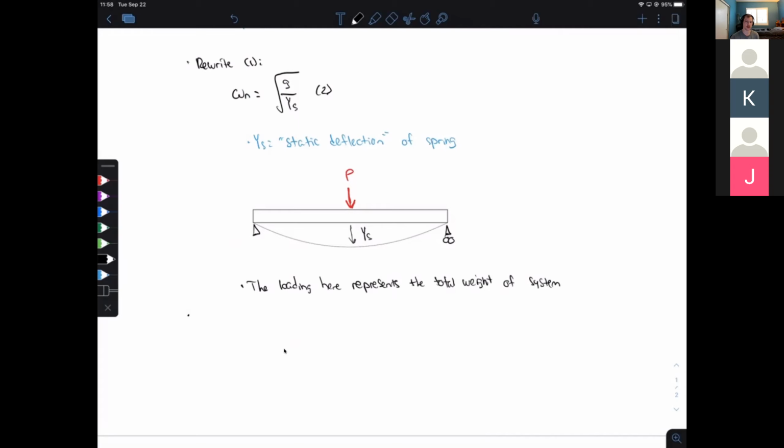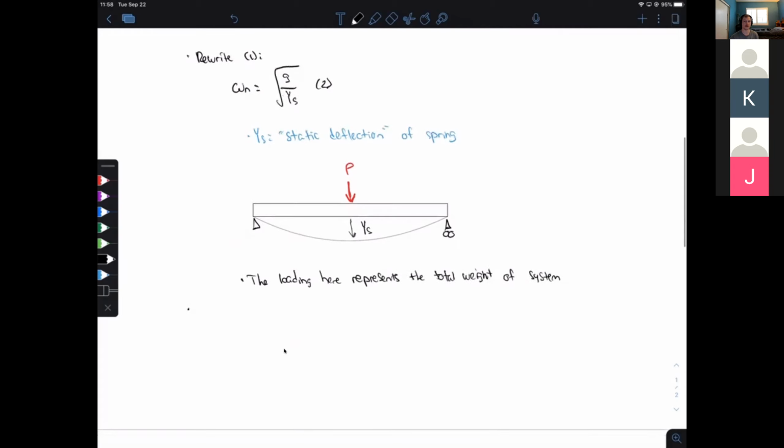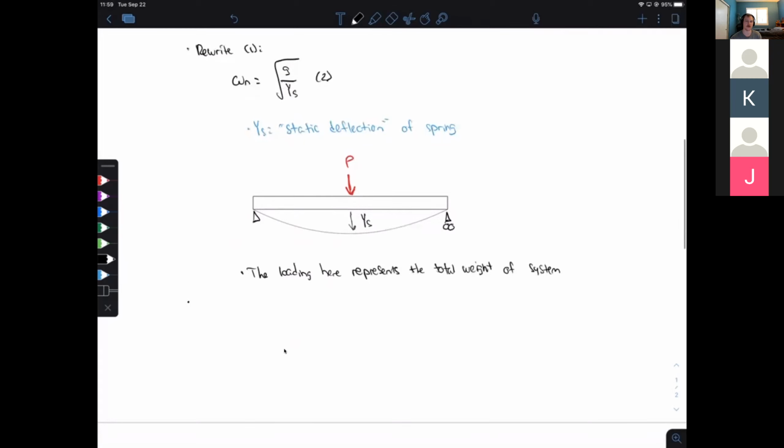We rewrote that to look at the static deflection, but in this assumption the beam is massless. So instead, we're going to use an equivalent system with some equivalent stiffness Ke and some equivalent mass Me. Then we have our stiffness and our mass, and we can calculate the natural frequency in a more familiar method that we knew from before.